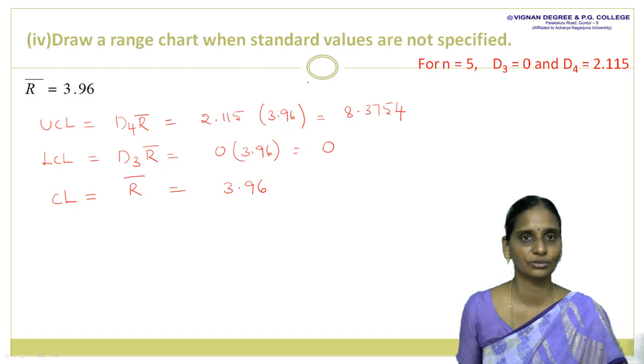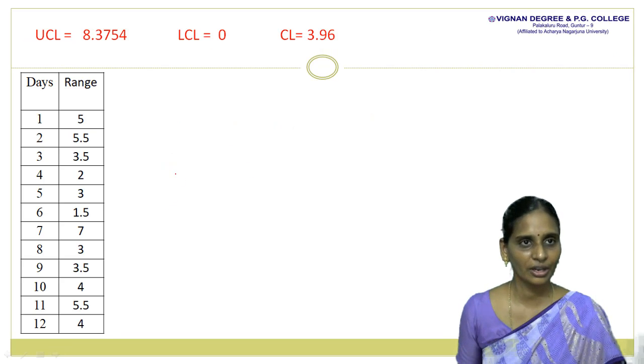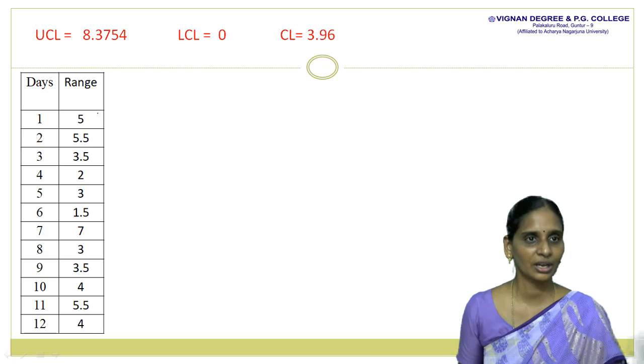So when the standard value is unknown, the upper control limit D4 R bar value is 8.3754, the lower control limit D3 R bar value is 0, and the central line R bar value is 3.96. In the next slide, we have to draw a range chart. For drawing the range chart, we require the range values for each and every sample.